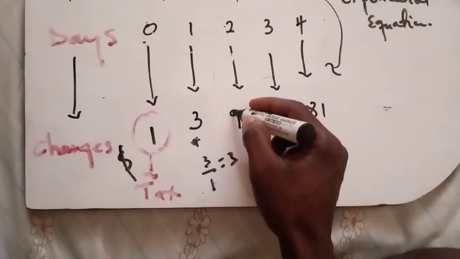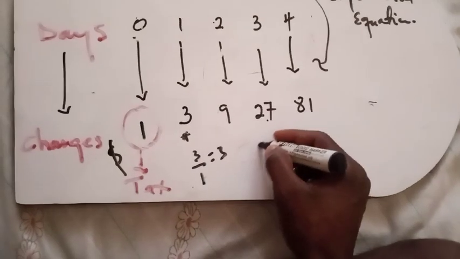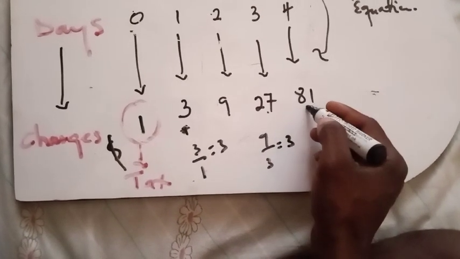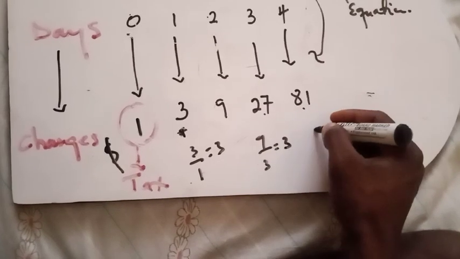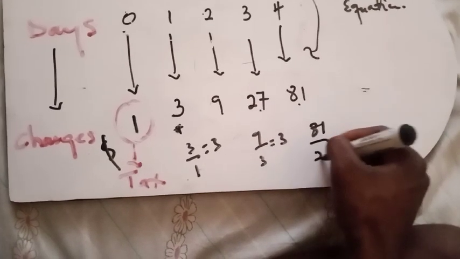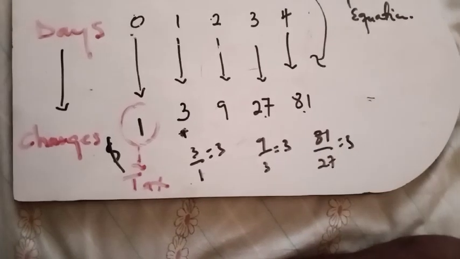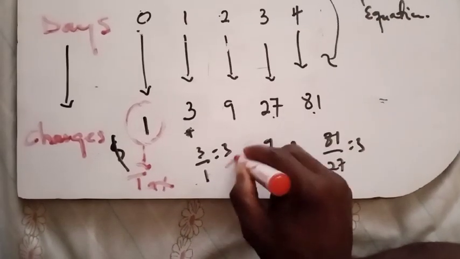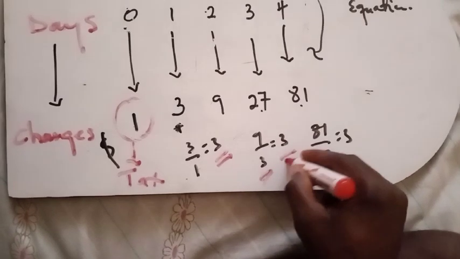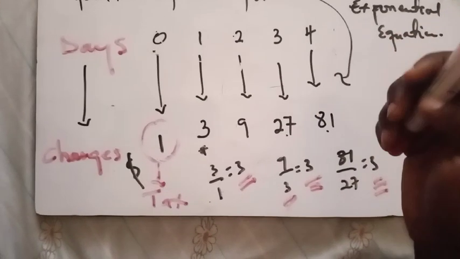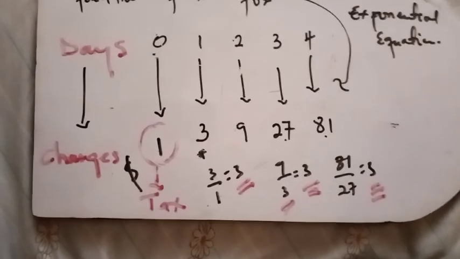If you pick this 9 here, 9 divided by 3 is still 3. What about 81 divided by 27? That is still 3. Have you seen? Because of this constant number here, which is 3, which is 3 here, which is 3, that makes this information an exponential equation.